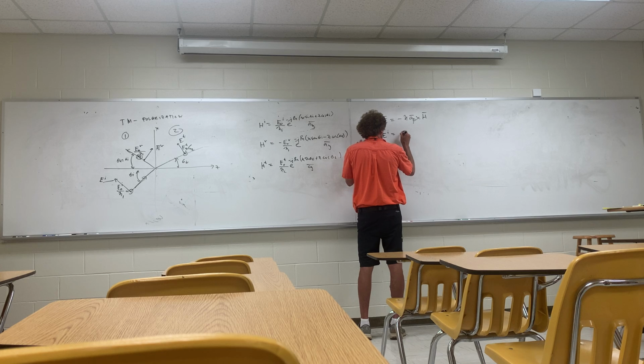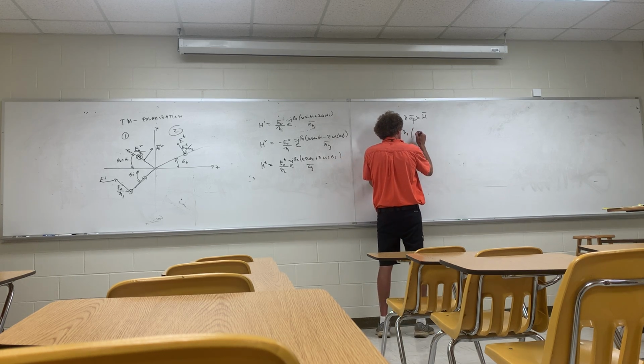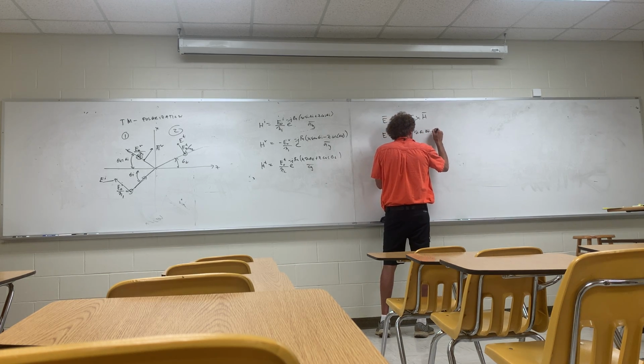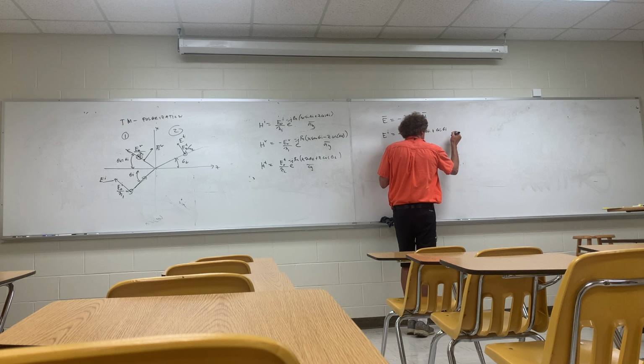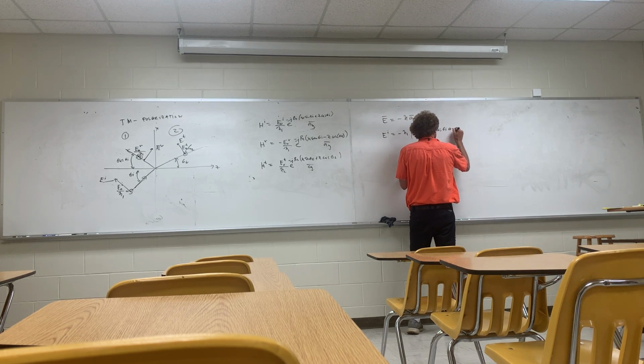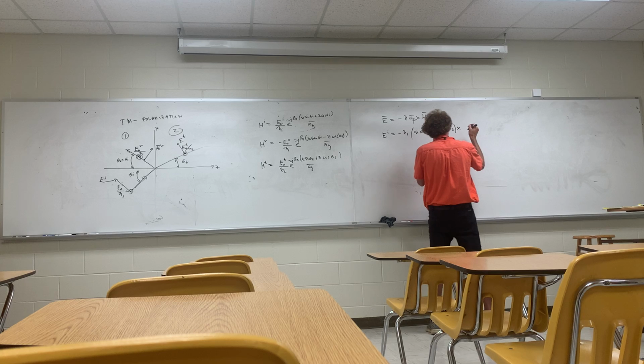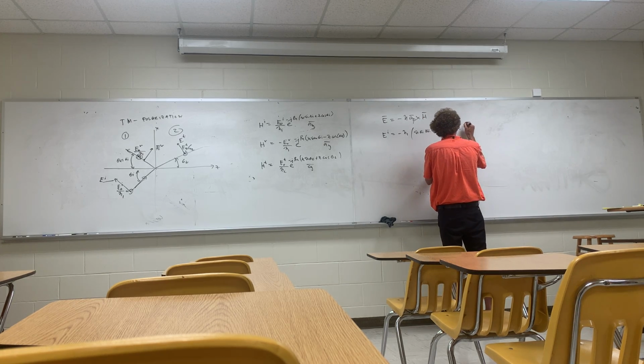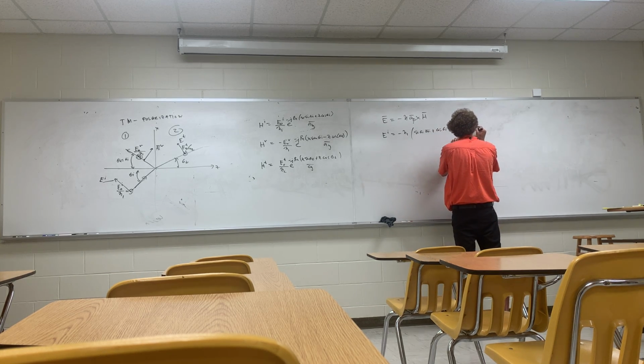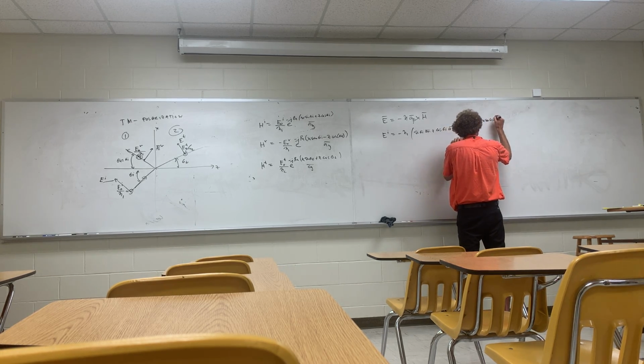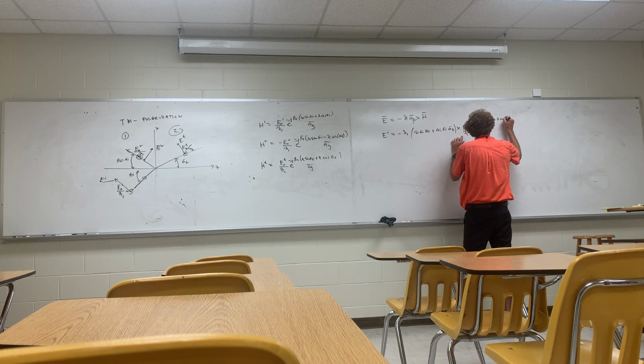Incident E field will be equal to minus eta 1 times sine of theta incident a x plus cosine of theta incident a z crossed into the magnetic field. And this is nice, it's just E naught incident over eta 1. The etas are going to disintegrate in a second. Crossing this is e to the minus j beta 1 times x sine of theta incident plus z cosine of theta incident, and it's a y direction.